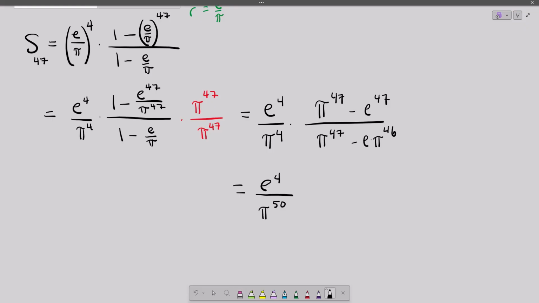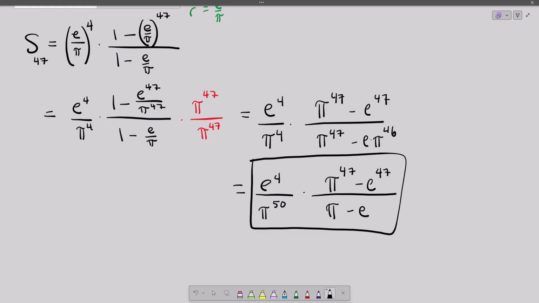We don't do anything in the numerator here. But in the denominator, we want the greatest common factor pulled to the front, so we pull that pi to the 46, and we're left with pi minus e. So that would be our simplified answer.